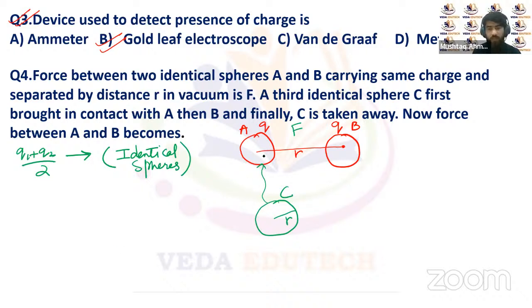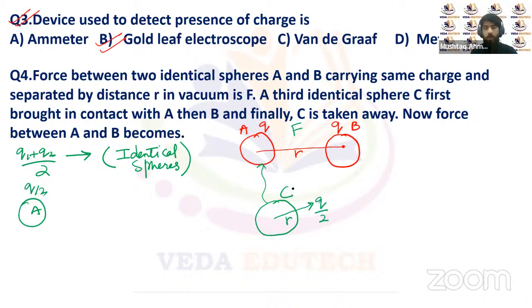So when sphere A and sphere C are brought in contact, the final charge on sphere A will be (q + 0) upon 2, that is q by 2, and the charge on sphere C will also become q by 2.